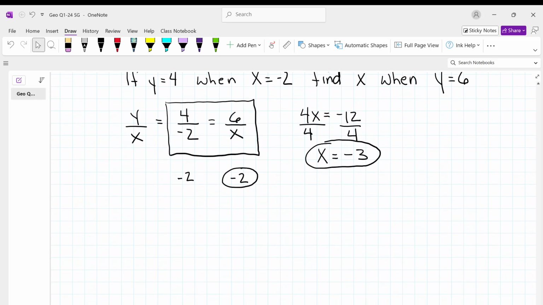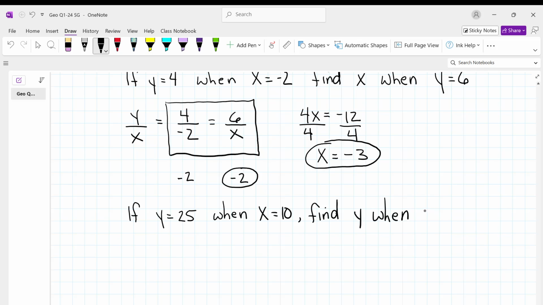Let's do this same problem. If y equals 25 when x equals 10, find y when x is equal to 5.